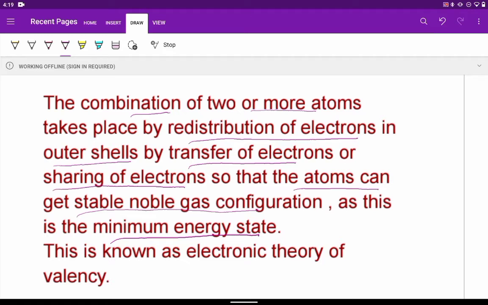Minimum energy state means maximum stability. So this is the dream for every atom, to gain this minimum energy state. And this process by which the atoms are trying to gain inert gas configuration by redistributing their electrons, by gaining or losing or sharing the electrons, is the electronic theory of valency.